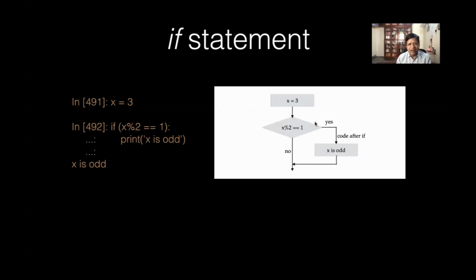We can illustrate this in a flow diagram. This is called a flow diagram. So x equal to 3. A square block is a simple statement, and a rhombus is a condition.